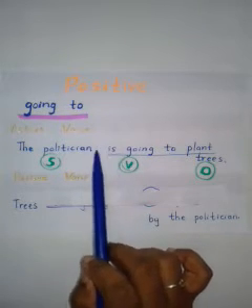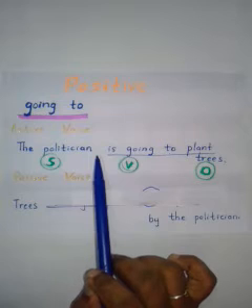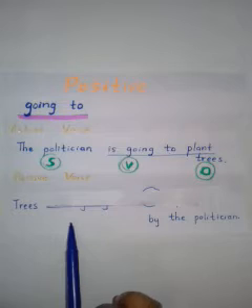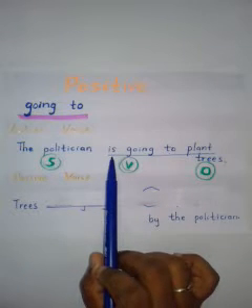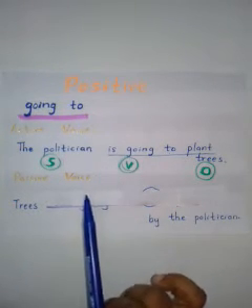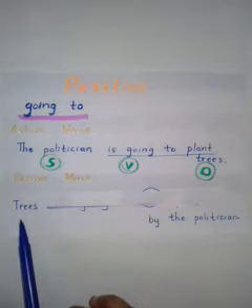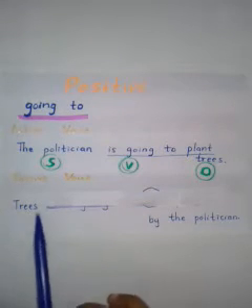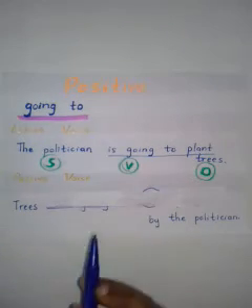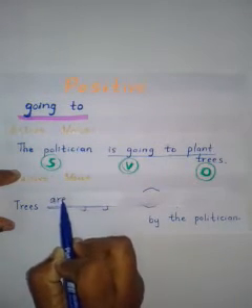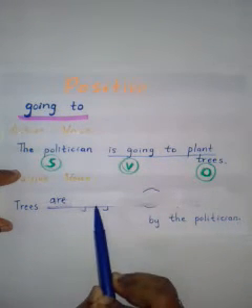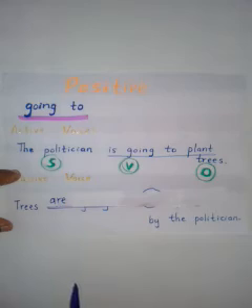According to this active voice helping verb, we must guess the passive voice helping verb: is, am or are. So here our new subject is in the plural form. So the helping verb must be are. Trees are. Then going to and planted must be used.